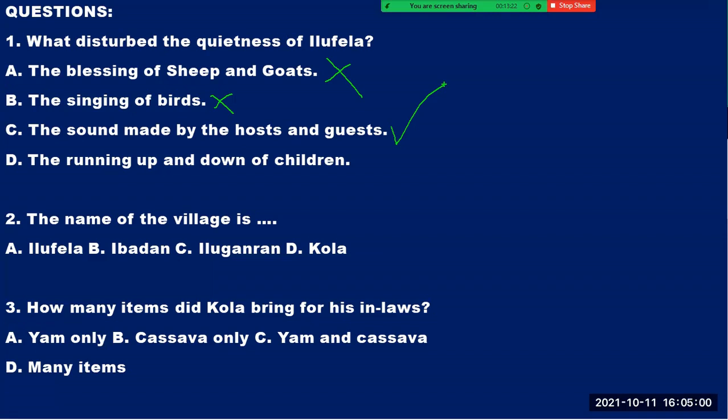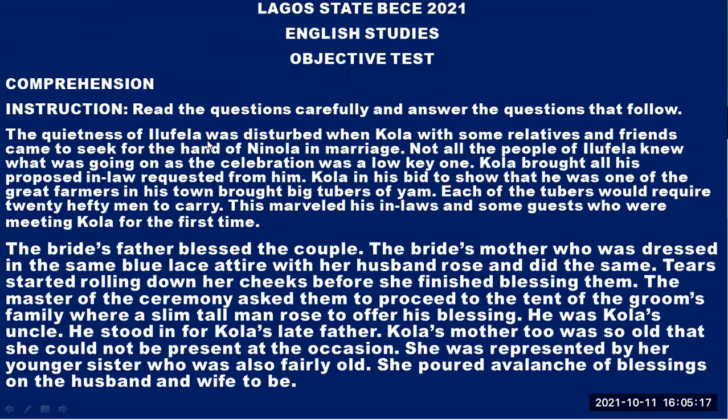Now, option D, the running up and down of children. Again, we eliminate this because it was not mentioned in the passage. One thing I must say at this point is that you must ensure that you have evidence for your answer. To find evidence, you need the context clue.